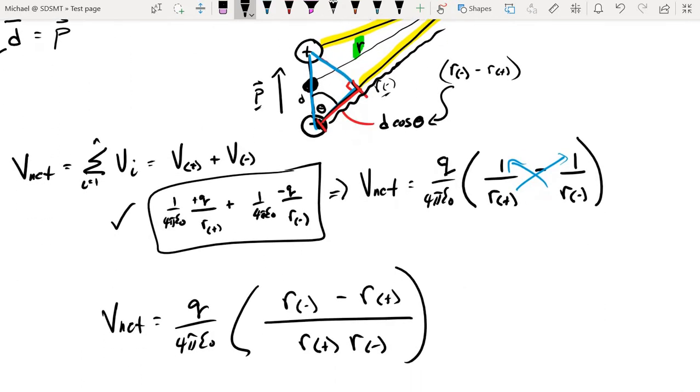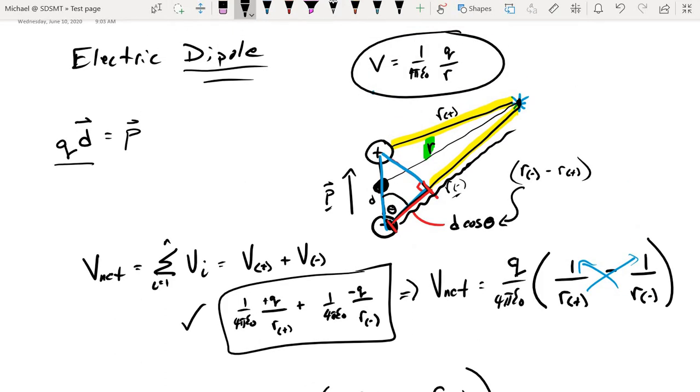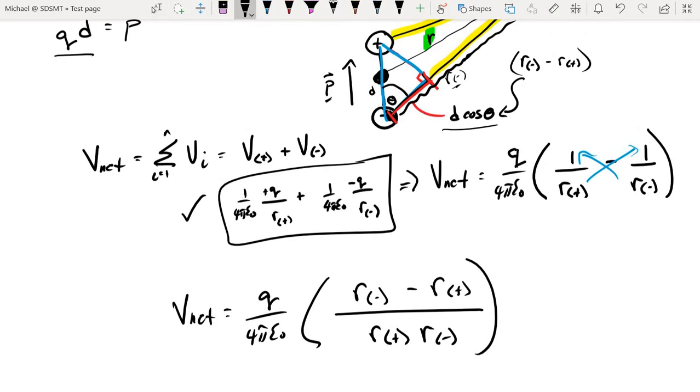And that's going to be useful to us for two reasons. First of all, it brings in the value of the dipole moment itself. For the dipole moment, we have to have two things. We need the charge and the separation distance. Well, R negative minus R positive, that's what we have in the numerator of this parenthesis set.